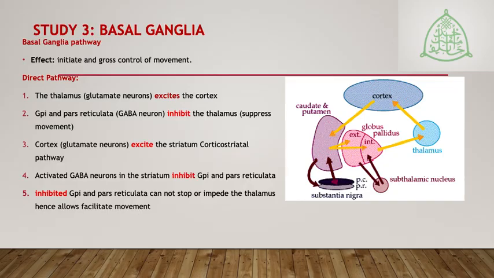So the first cycle was when the caudate nucleus inhibited the globus pallidus and the thalamus was slightly activated, that was initiating the movement.